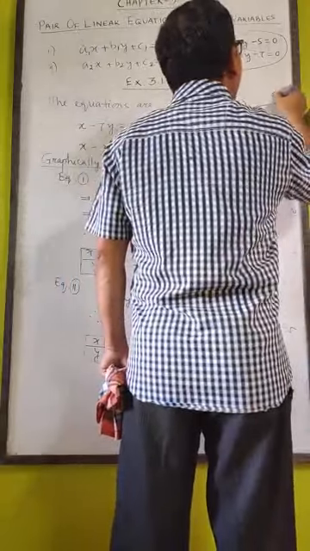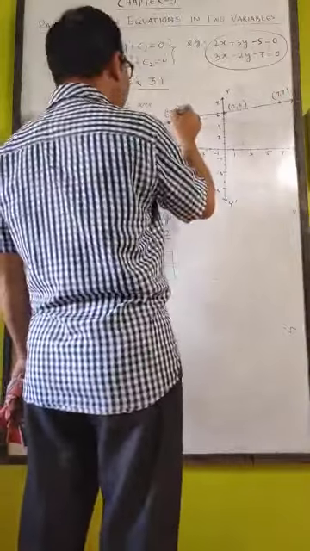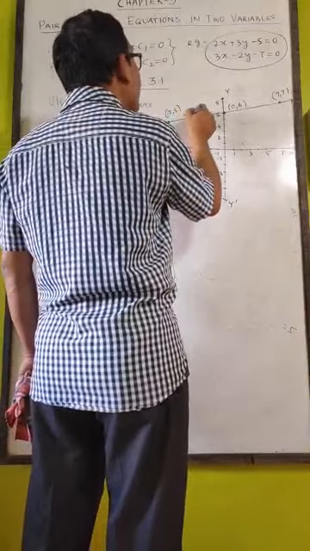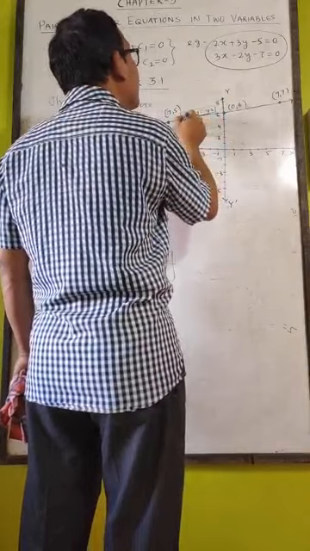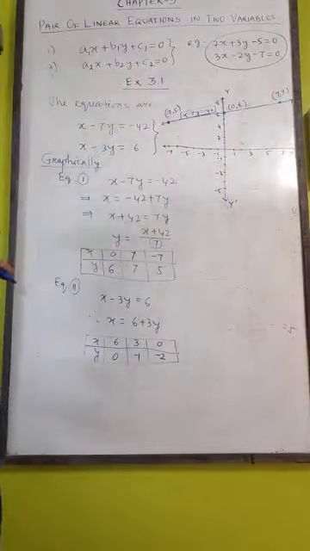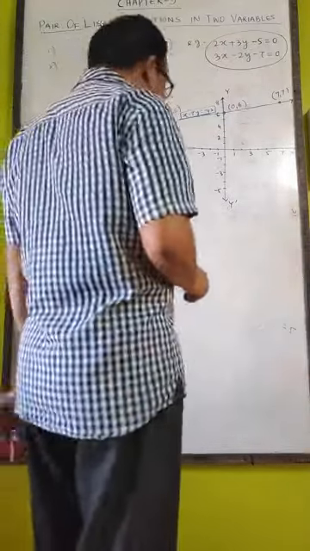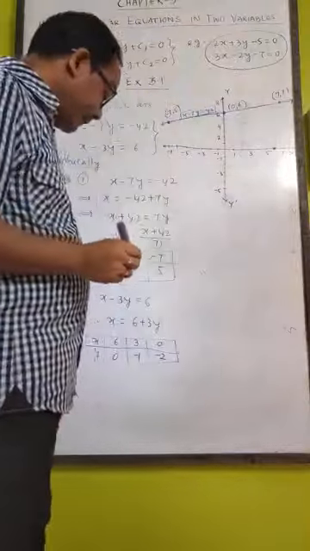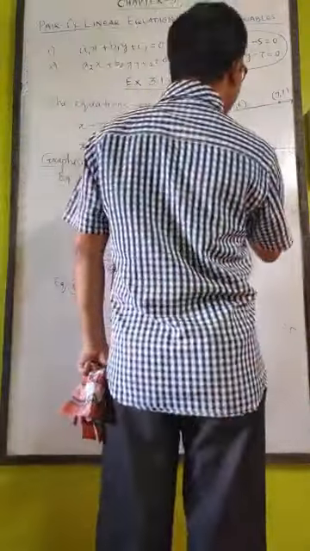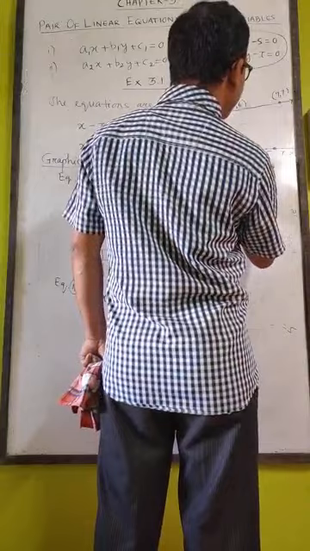And you can write here the equation x minus 7y equal to minus 42. Again, similarly, you make for the next, that is 6, 0. 3, minus 1. 3 is here, minus 1 is here.